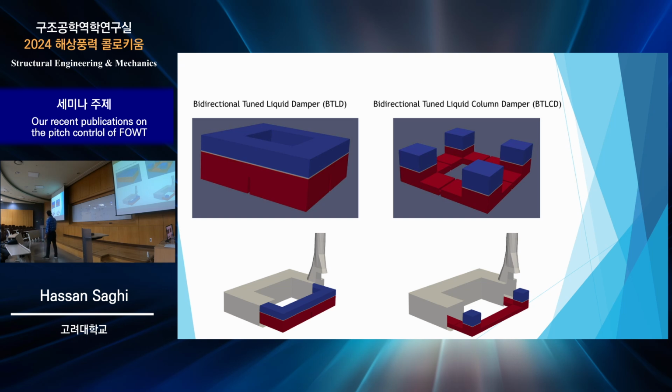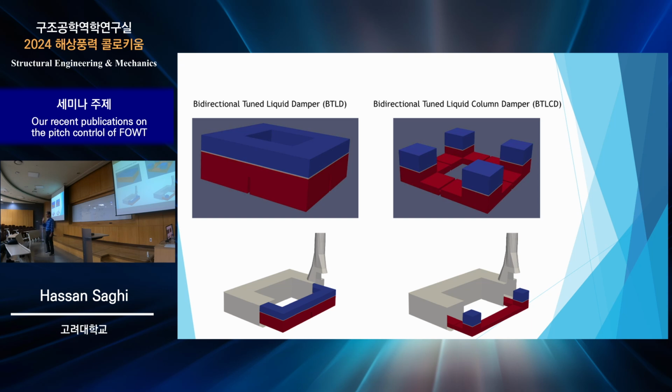We try to find the optimum geometry for the BTLD and BTLCD to mitigate and control the pitch motion of the floating offshore wind turbine by using a baffle in the BTLD and an orifice in the BTLCD.